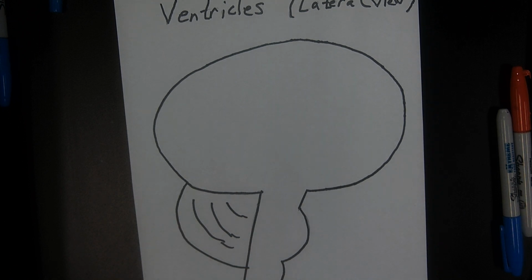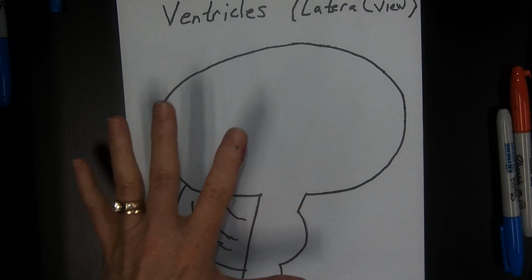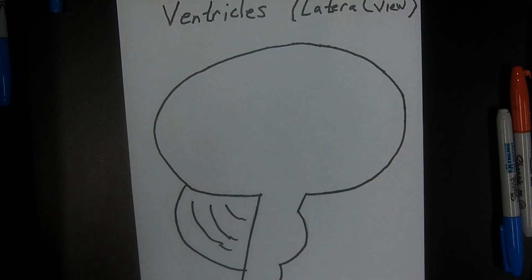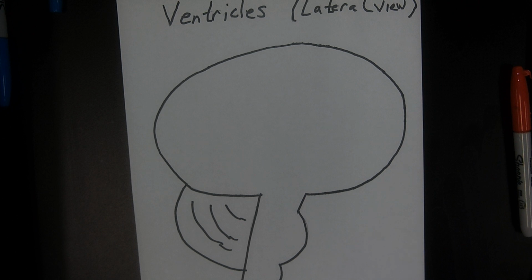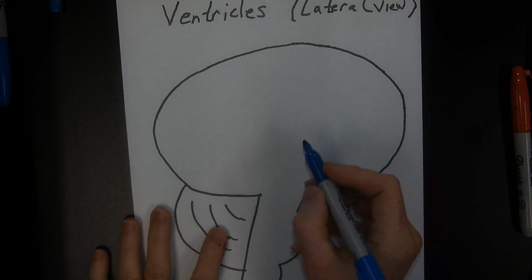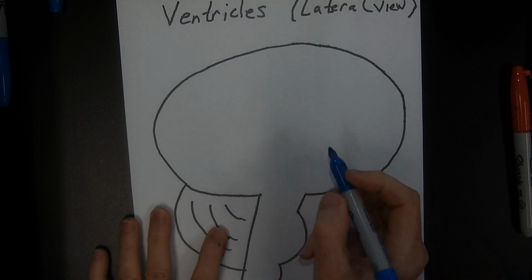So that's where we are. And what we're going to do is, this is going to be a lateral view, and a lateral view to me just means I'm looking at it from the side. Not necessarily from the outside, but just looking at it from the side, and let's see what we see. So, ventricles. I'm going to see if I can draw this in 3 dimensions here.